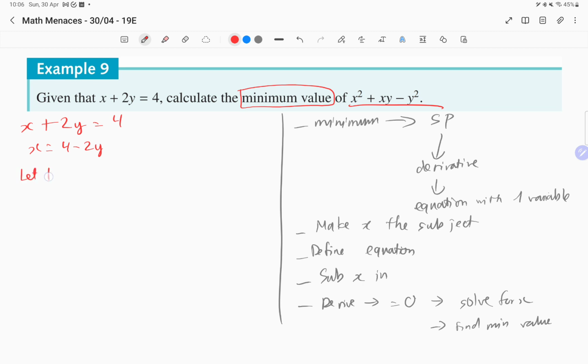So let p, for polynomial, equal x squared plus xy minus y squared, and then sub x into p. The idea is that you sub x in to get an equation with one variable. We're still forming the initial equation, the original equation.